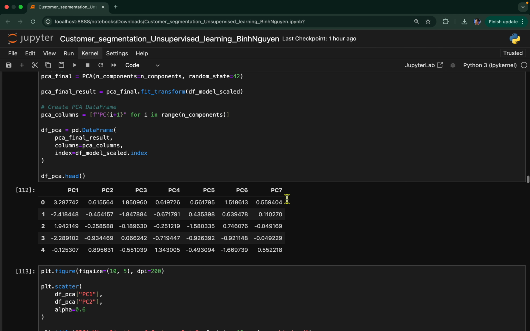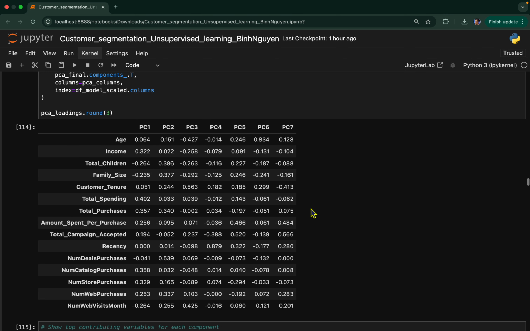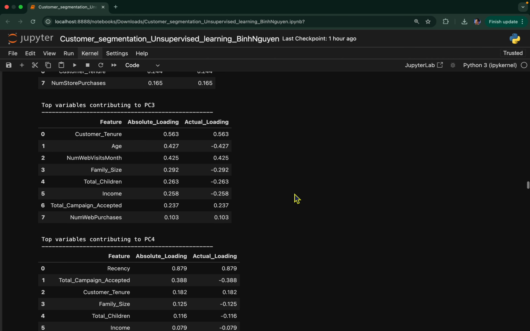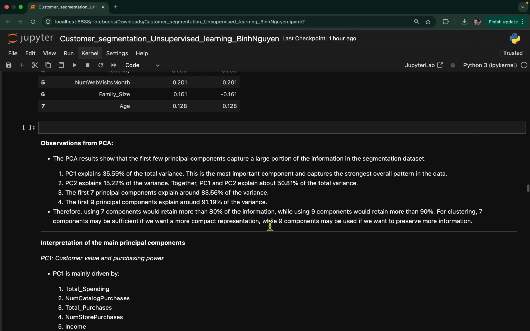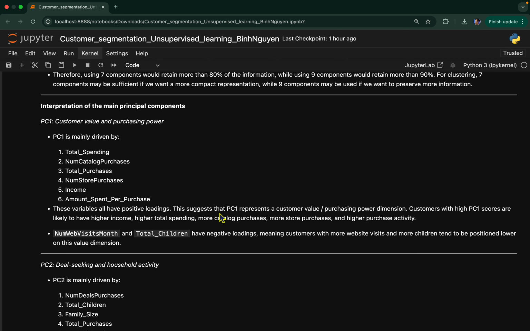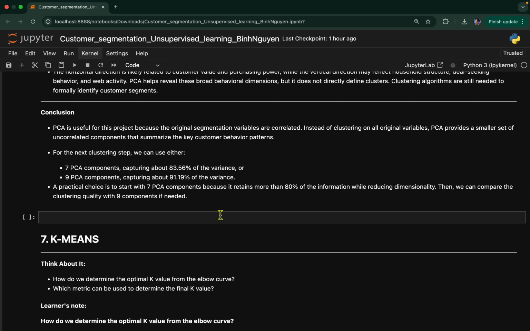And this is the visualization of data, with a lot of detailed information for the PCs. I also try to explain the drivers, the components, as well as the characteristics of each PC.